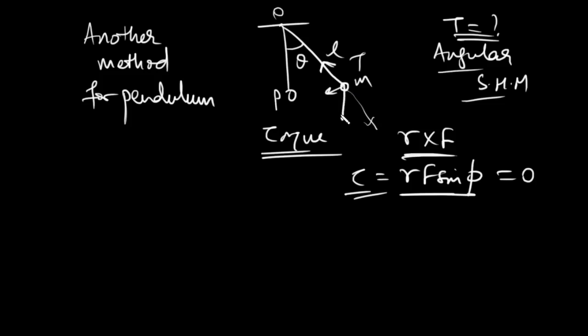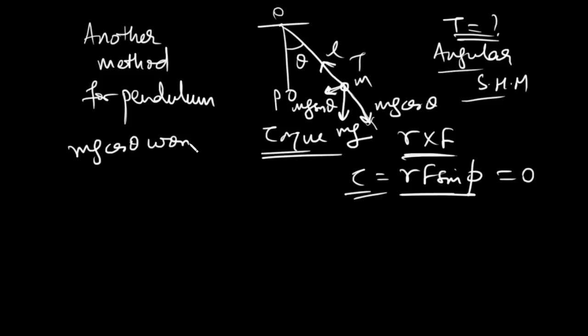So the only other force would be mg. Mg has two components, mg sine theta and mg cos theta. Mg cos theta is along the line of tension, so it won't produce torque.